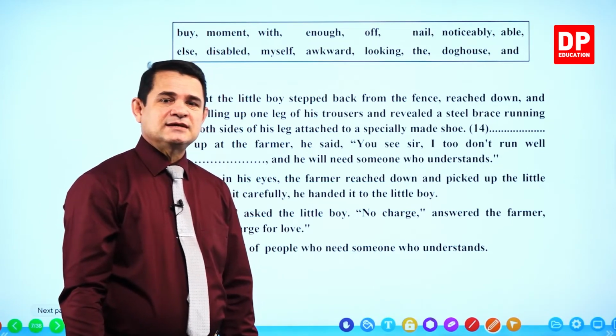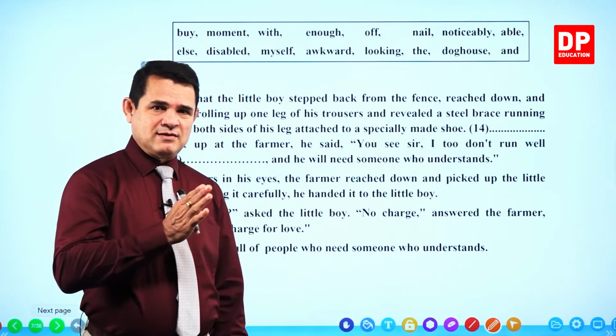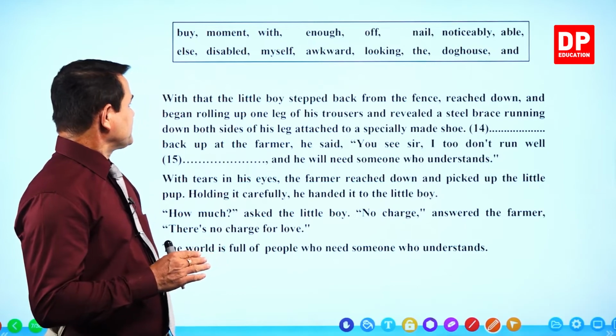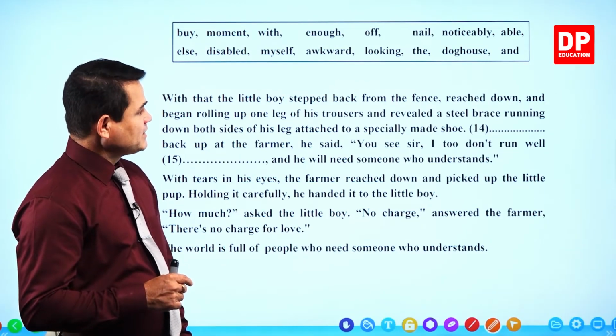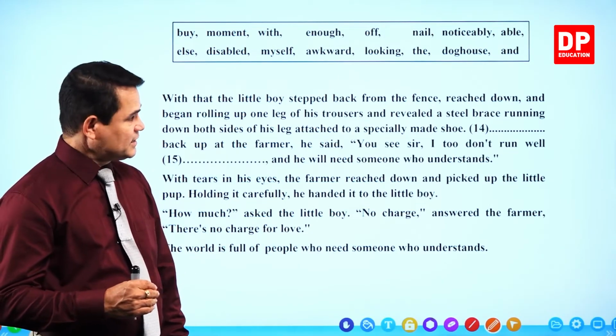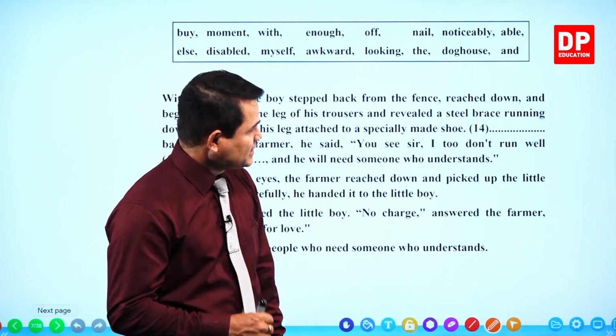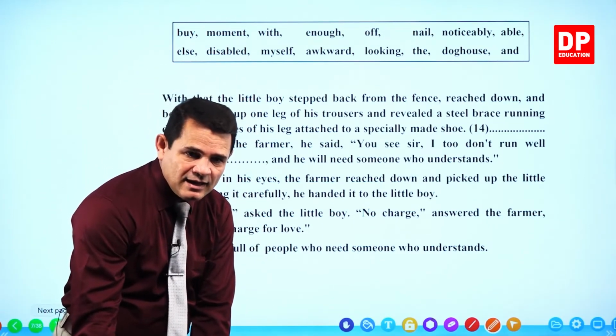When it was said by the farmer, what did this boy do? The little boy stepped back from the fence and reached down.